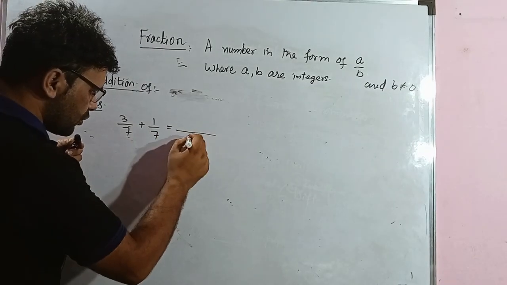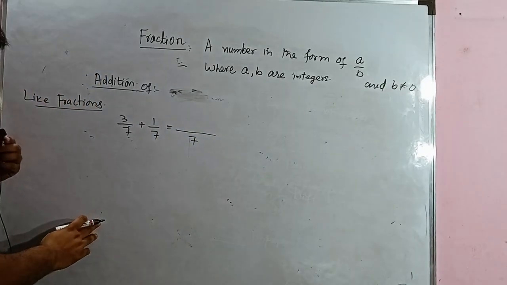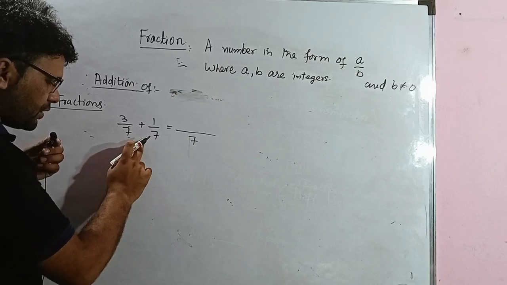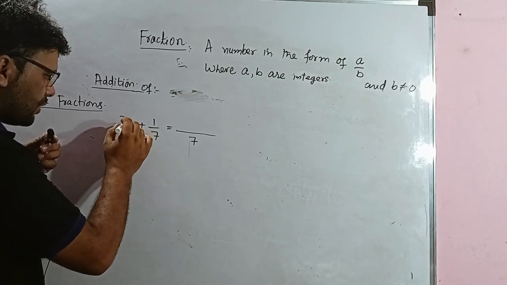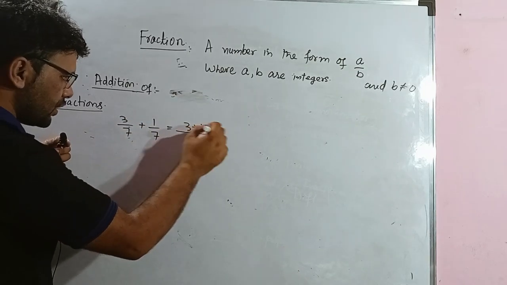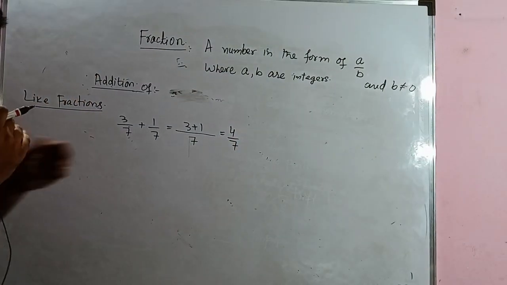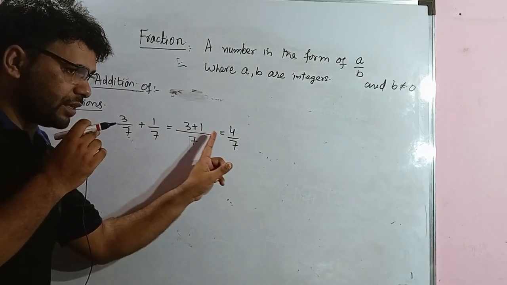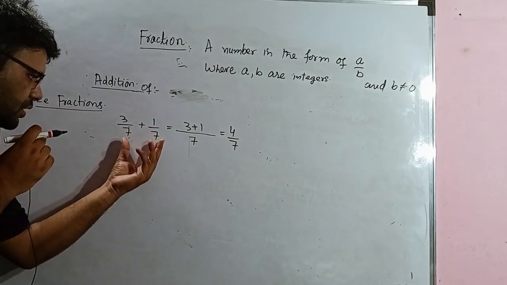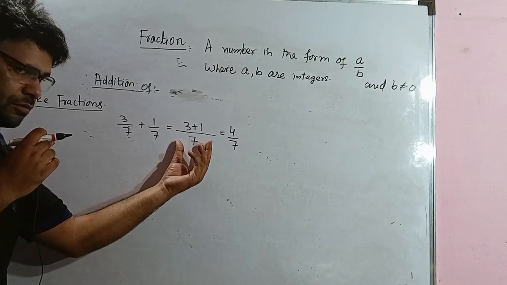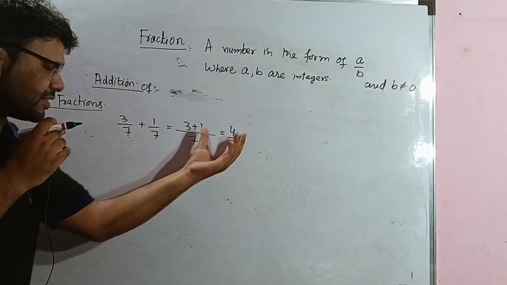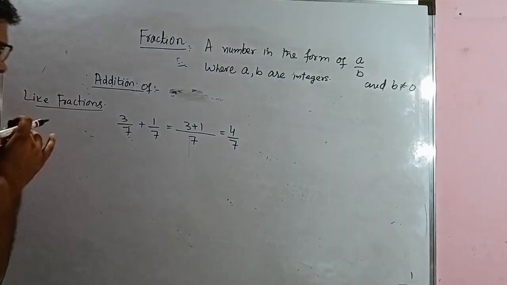Here the denominator is the same, so I will write the denominator only once, that is 7. Then I will add 3 plus 1, it is equal to 4 divided by 7. So you can see we are only adding the numerators. When the denominator is the same, we write the denominator, then add the numerators.